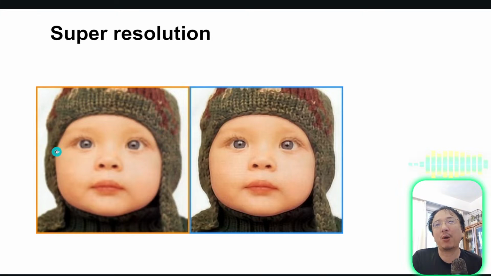Also, for example, the two eyes might be similar. So that is some information you can use. Besides that, you can also assume the image to be smooth, or if you have certain assumptions, you can reconstruct the image based on these assumptions. So there are many different ideas to do single image super resolution.